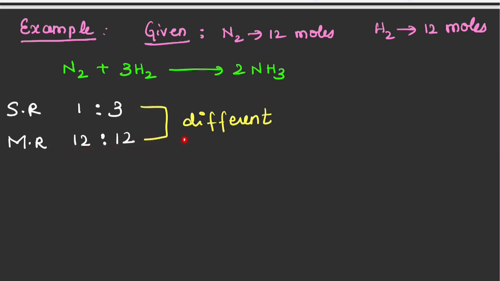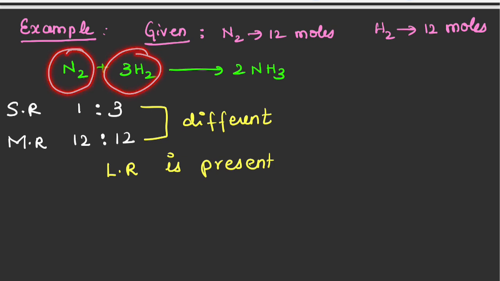Therefore the ratio is different. If it is different, then LR is present, that is, limiting reagent is present. The meaning is one is taken in excess quantity and one is taken in smaller quantity.